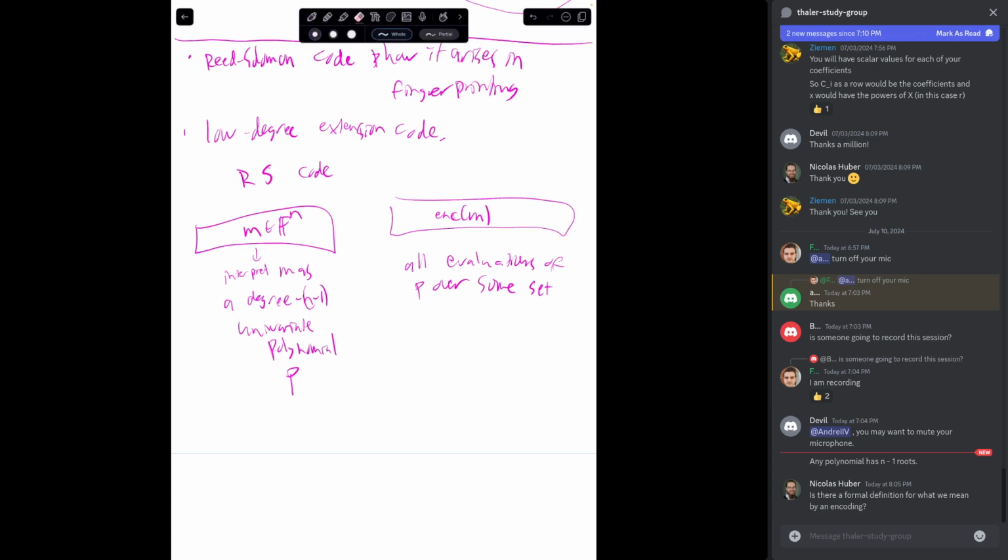So it would be P of x1 up to P of x capital N, and the domain here would be x1 to x capital N.